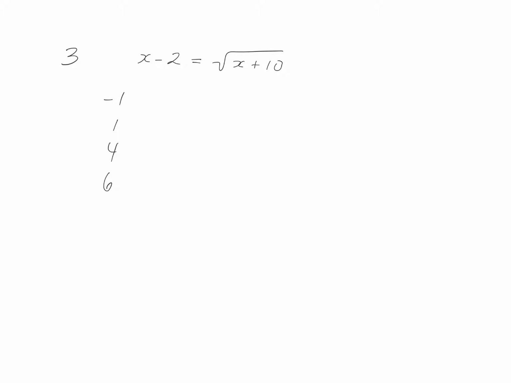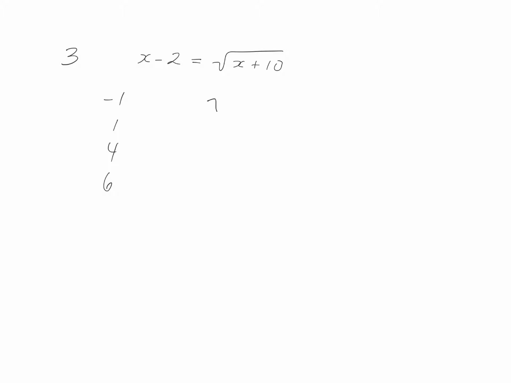And then you would have to square out this binomial on the left, and the square root would disappear, and you could get the solution. However, if we don't do that, it actually makes sense to just look at the original question and figure out which one of the answer choices makes the most sense or is correct.